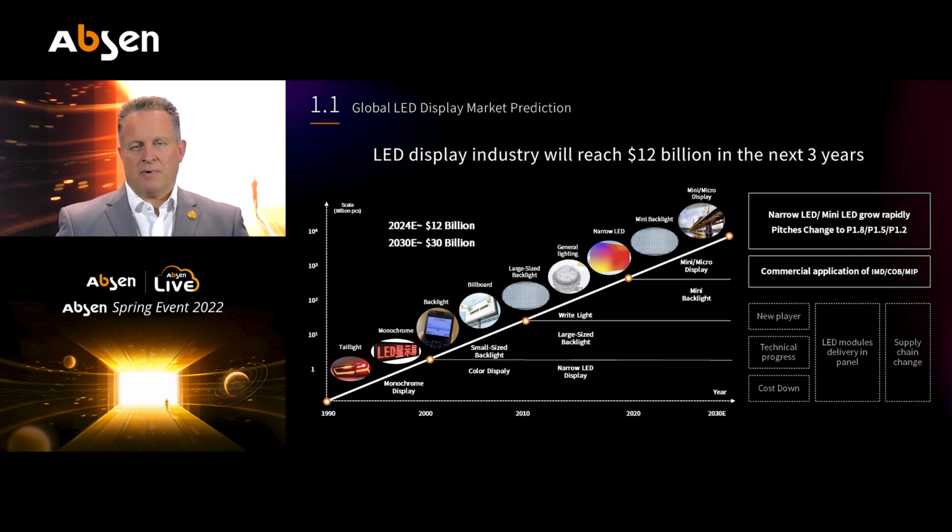Where the middle part, let's say 1.5, seems to be getting more and more mature, definitely, but also more and more the standard. So then we do speak about technologies like IMD, COB and MIP. For those who may ask themselves, what is MIP? It's the micro LED in package.